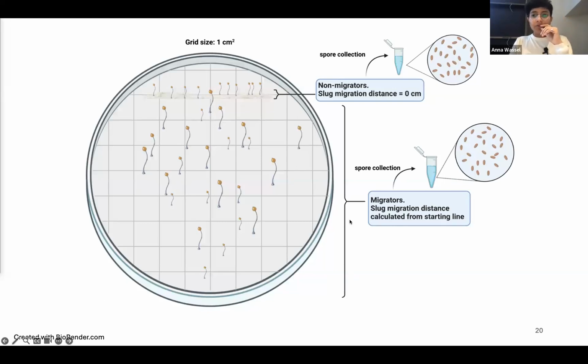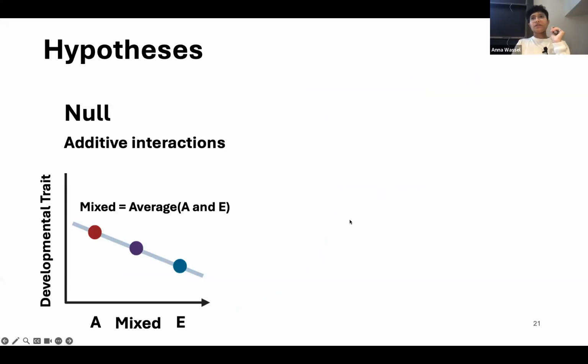So what would my hypotheses look like if I were to find these so-called unselected incompatibilities in development? First of all, my null hypothesis is that if you mix the ancestors with their evolved lines, the average is what you would expect. There is not much difference. It's not better or worse to be mixing for the developmental trait of slug migration, or spore production for that matter.